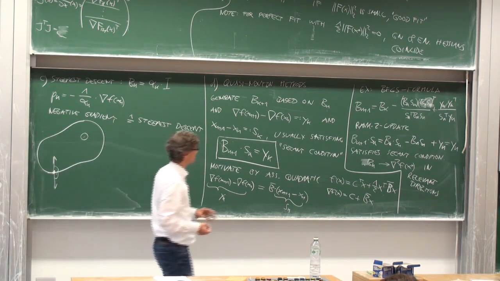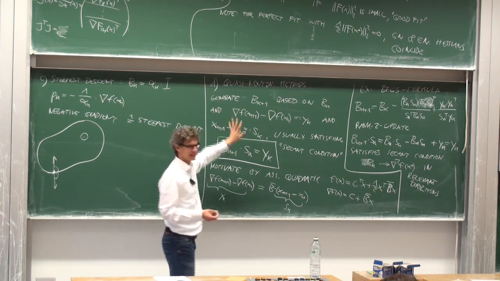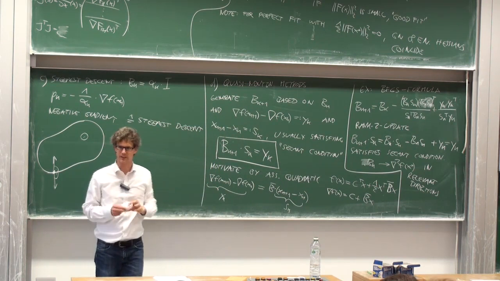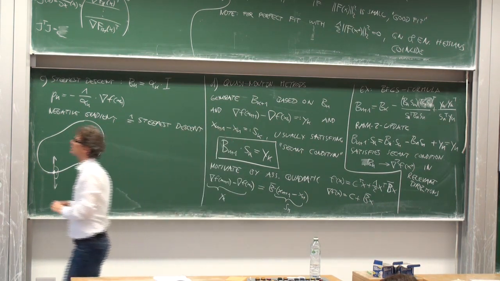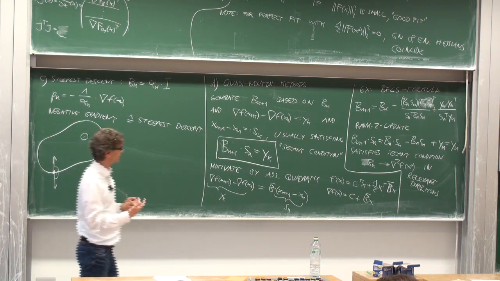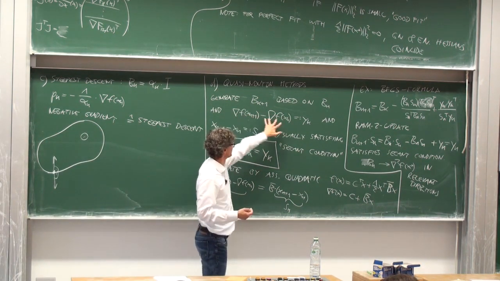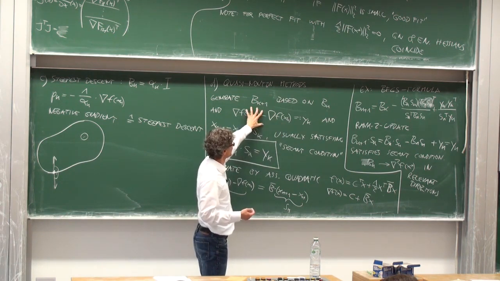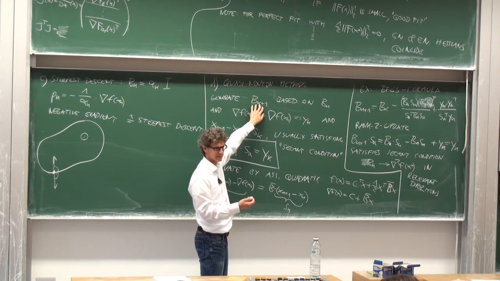What is nice about them, why they are so popular, is that you don't need second derivatives. What you need to do in a Newton type method anyway is evaluate your gradient. So gradients you need. And once you have a gradient, you can also remember it. You have the new gradient, you remember the old gradient, you take the difference, and then you can already update your new Hessian matrix based on that.